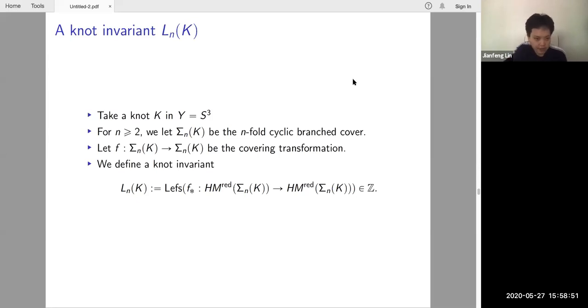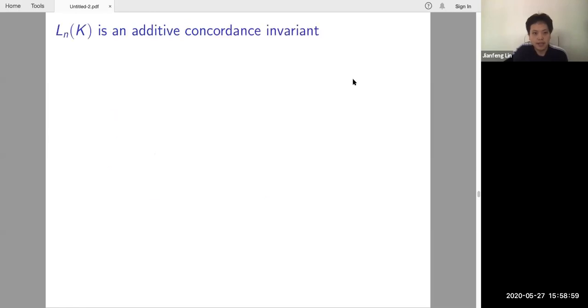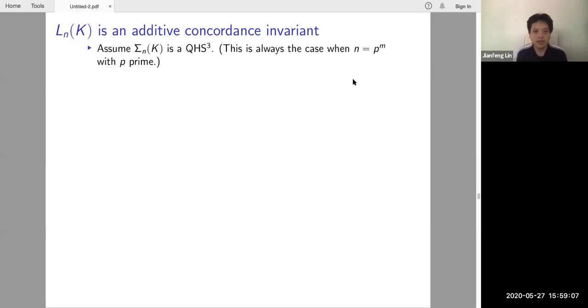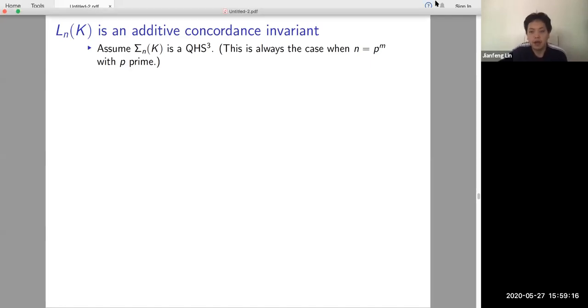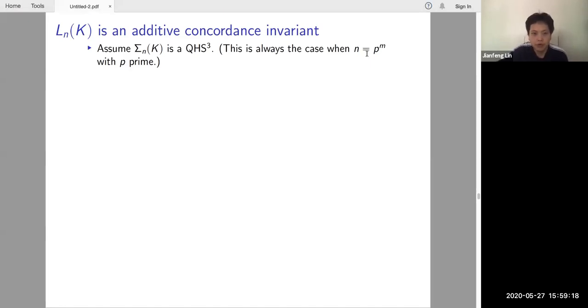And from its definition, it's pretty clear that it's a knot invariant. It only depends on K. But what's less obvious is that this invariant is actually a smooth concordance invariant, and it's actually additive. To explain this, let's assume Σ_n(K) is a rational homology 3-sphere. This is always the case when n is a prime power.